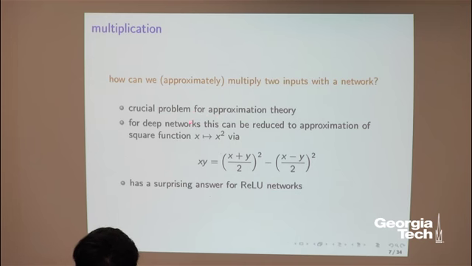With a multi-layer network, you can reduce that to the question of how to approximate the square function with a network, right? Because by polarization, you can write the product in this form. So you have a network with inputs x and y, and you want the outcome to be xy.